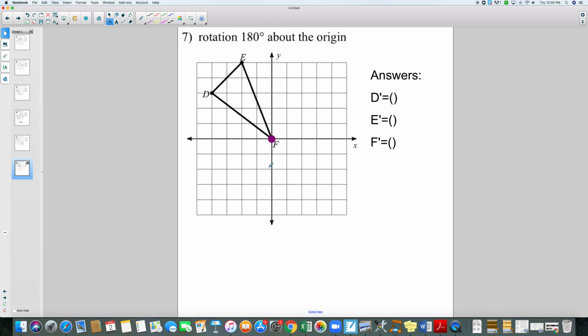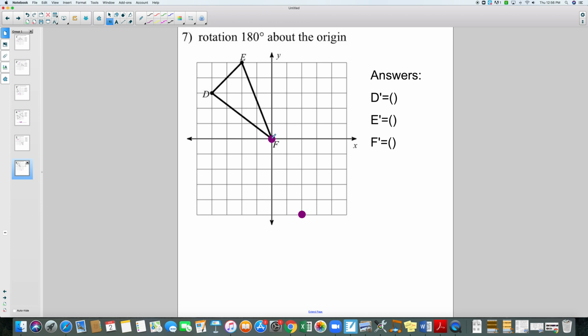So let's determine, from F to E, if we follow this axis line, we know it's 5 away from our center point, but then we know it's also 2 away from our axis point. So let's go in the opposite direction. Let's go down 5 and over 2, and that is E prime.